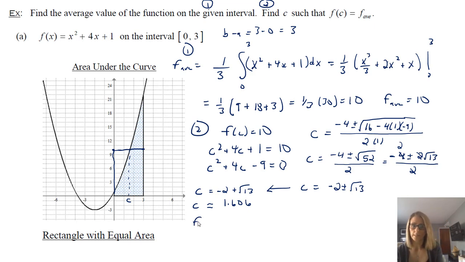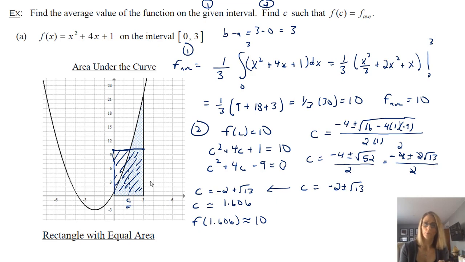So what we find is that f of 1.606 should be about 10. And more importantly, that value that we found is what then creates the average value. And the whole point is this area that I'm shading in the dark blue pen is equal to the light blue shading underneath the curve. So that's all there is to it.